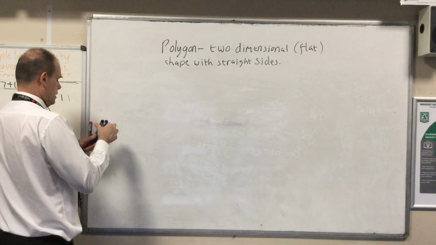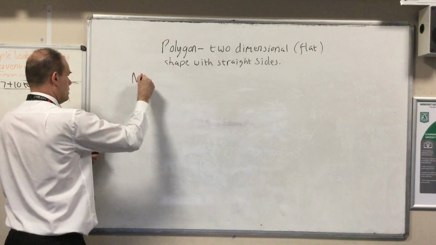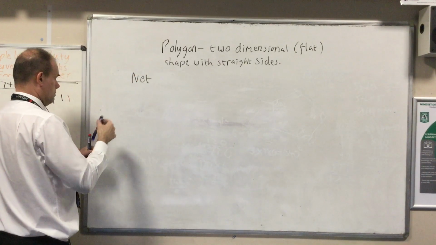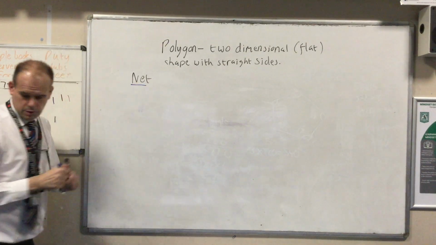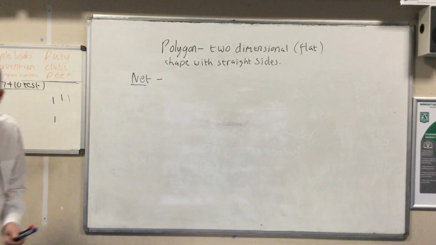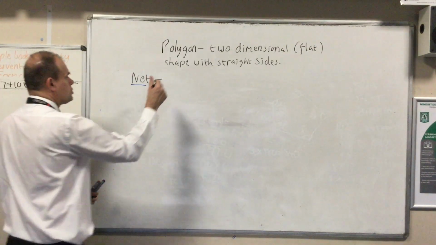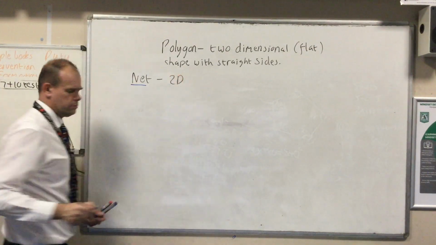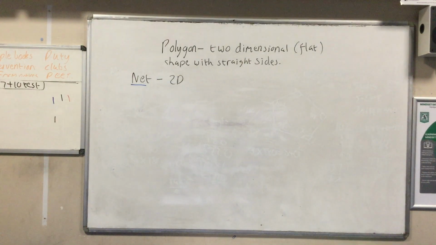So what is the word net? Underline that, put that in blue there. Okay, what is it? Well, it's for a 3D shape. So it's a, I'll just write 2D for short. I've already said the word dimensional, it's on the board there, so I'll not spell that again.